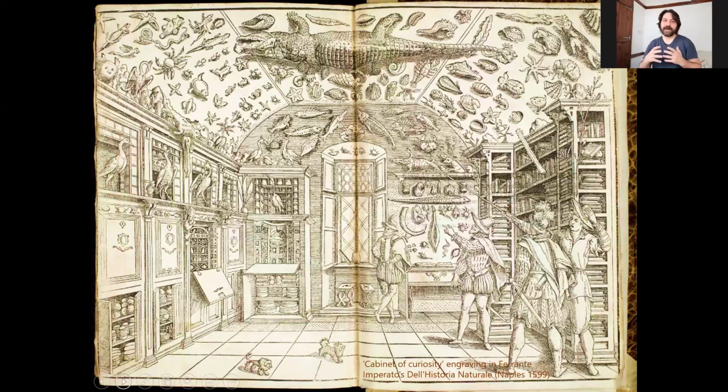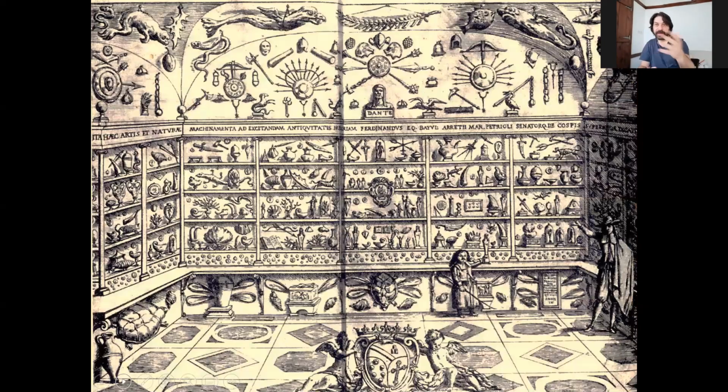So it is a fashion, it becomes a fashion between European aristocrats and later on middle class families. So the value of a cabinet of curiosity depends on its richness and its variety and rarity. So they are not ordinary living organisms, but they're rare, and there are various examples.